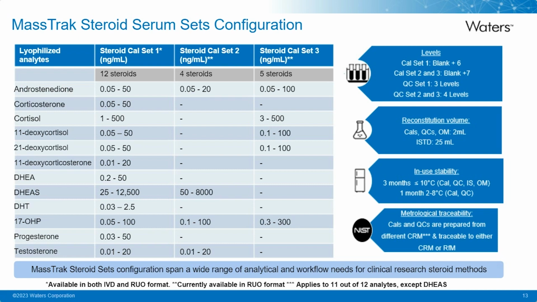Additionally, these products have long in-use stability, so we report up to 3 months at -10 degrees Celsius for all of the 4 components, and a stability of 1 month at 2 to 8 degrees Celsius for CALs and QCs. And finally, all of the CALs and QCs are prepared from different CRM sources, and the values are assigned and traceable to either certified reference material or reference measurement procedures like Ghent or RFB.